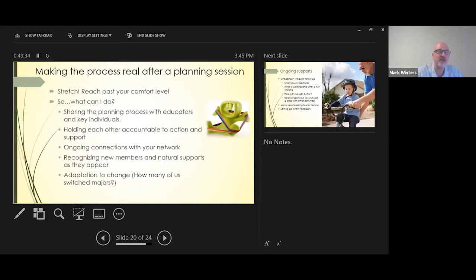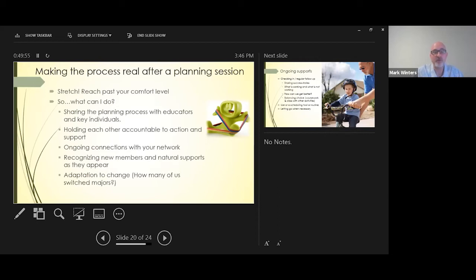So we have to share that information. We share it with educators and we share it with key individuals so that everybody that is a part of that person's network, everybody that is a part of that person's support understands what the goal is. Right? So sharing information is important.